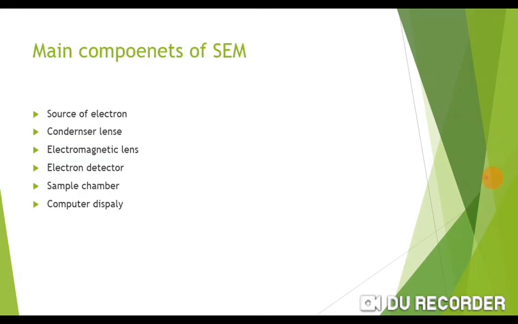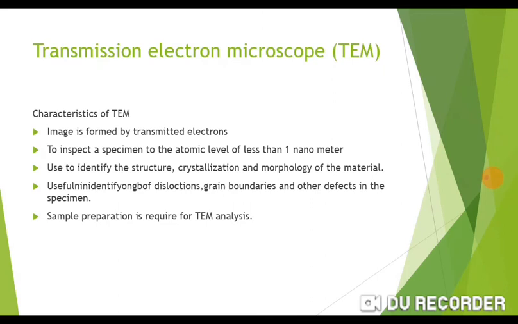Also we have seen different components of SEM, such as source of electrons, condenser lens, electromagnetic lens, electron detector, sample chamber, and computer display.